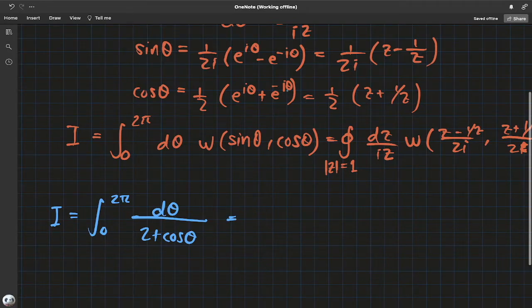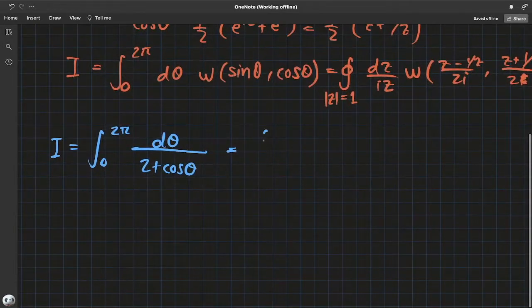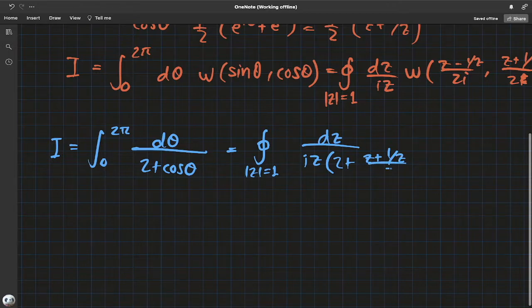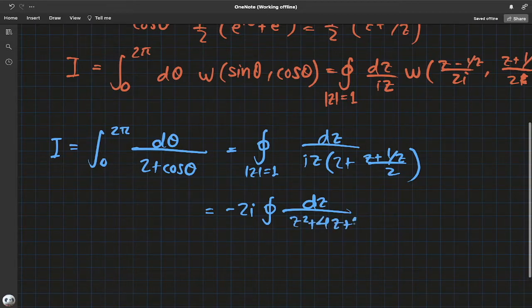We can use the substitution here on top to get a closed contour integral for a unit circle centered at 0: the integral of dz over iz over 2 plus, in place of cosine, z plus 1 over z over 2. Just simplifying the denominator, we get negative 2i times the contour integral of dz over z squared plus 4z plus 1.